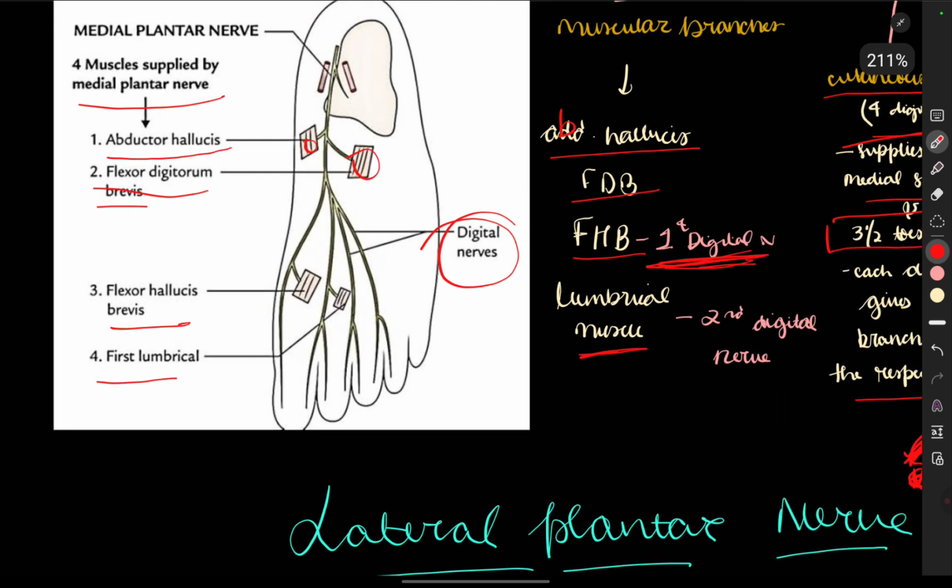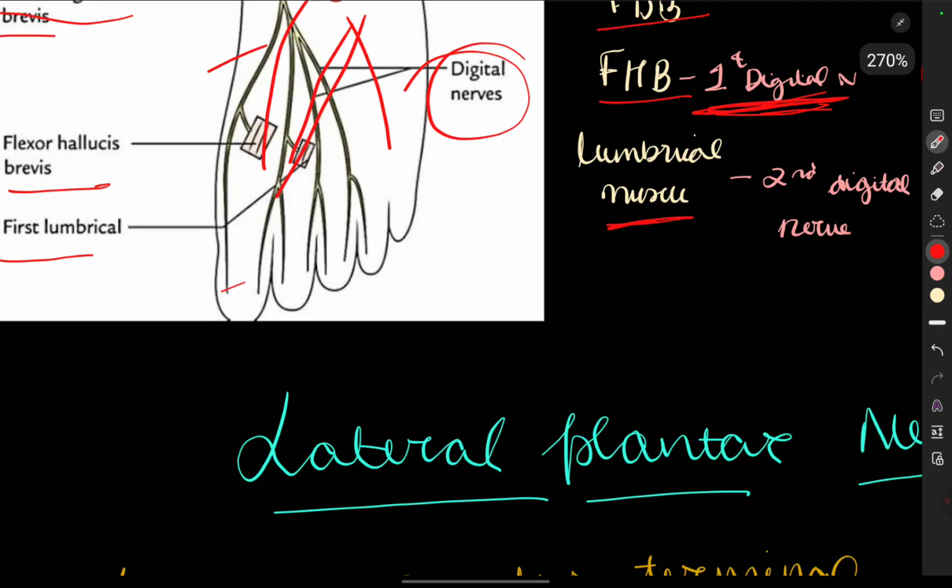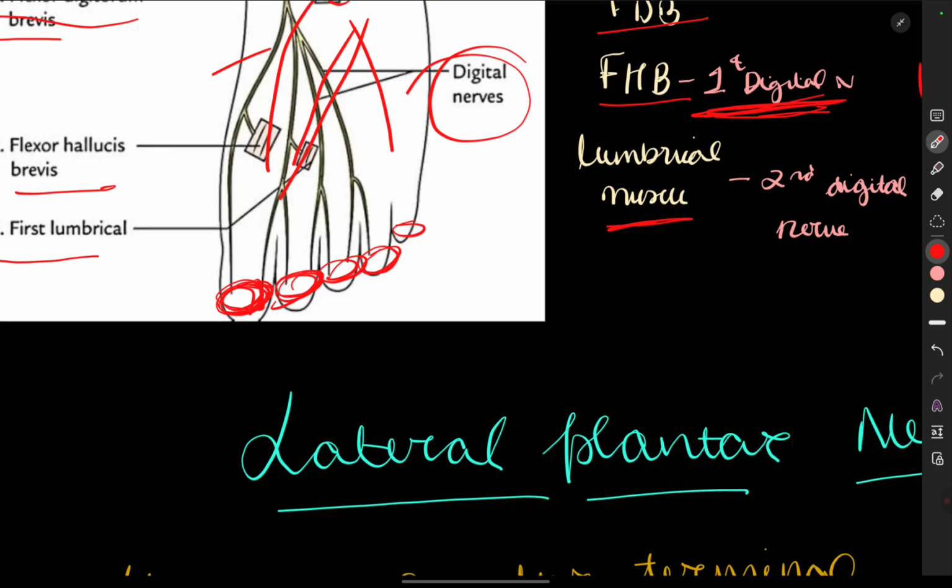At the tarsal and the metatarsal, it supplies the articulating branches. And the cutaneous branches go to the dorsal terminal branches that supply the toes. Okay, this is what we saw.